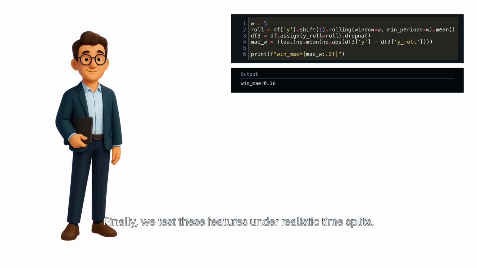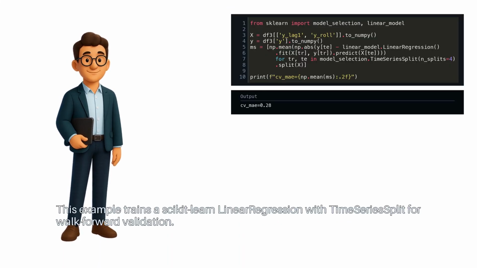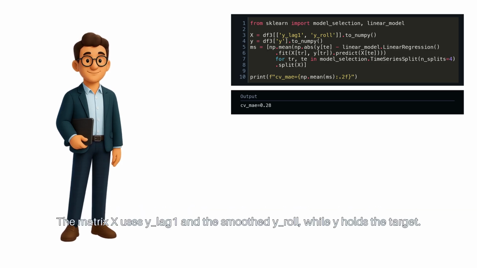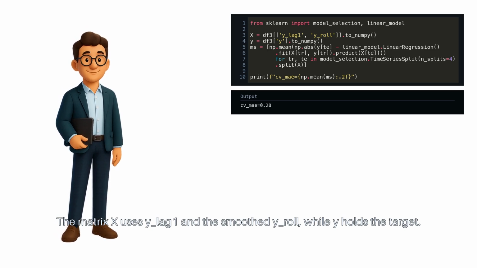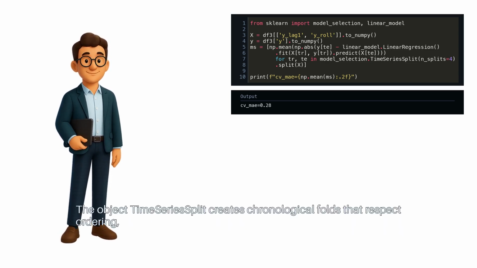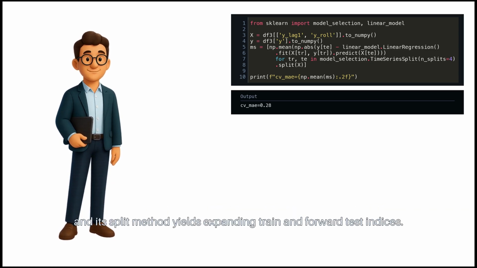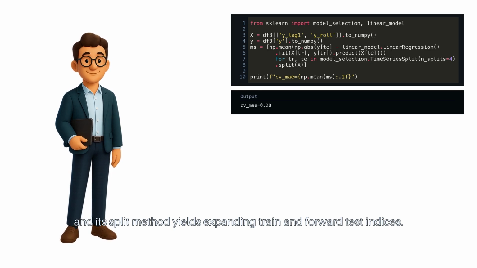Finally, we test these features under realistic time splits. This example trains a scikit-learn linear regression with TimeSeriesSplit for walk-forward validation. The matrix X uses yLag1 and the smoothed yRoll, while y holds the target. The TimeSeriesSplit object creates chronological folds that respect ordering, and its split method yields expanding train and forward test indices.